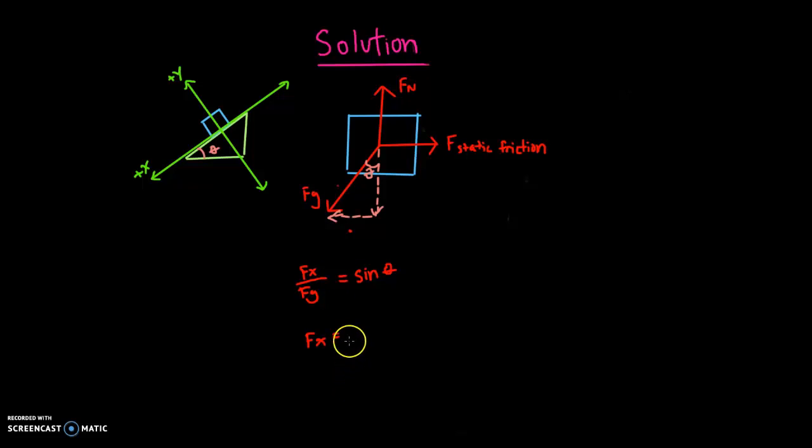You can simplify that to force in the x direction equals force of gravity times sine of theta. And this one you can define as force in the y direction over force of gravity equals cosine theta, which simplifies to force in the y direction equals force of gravity times cosine theta.